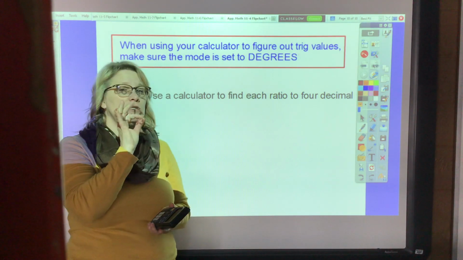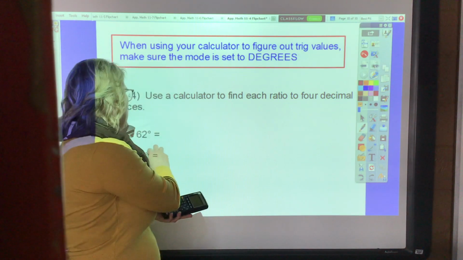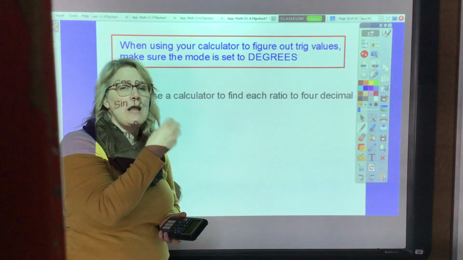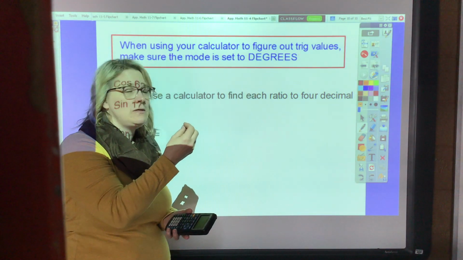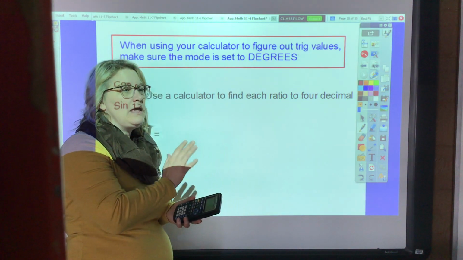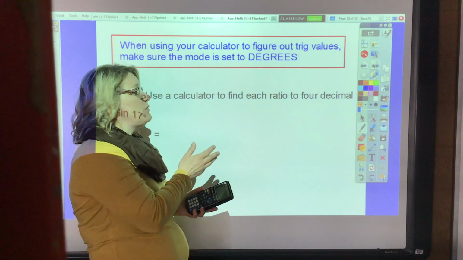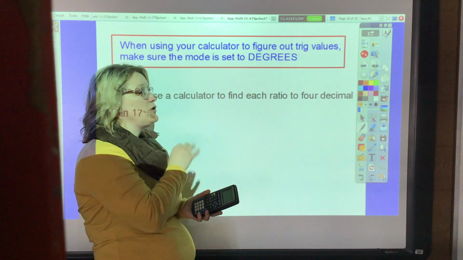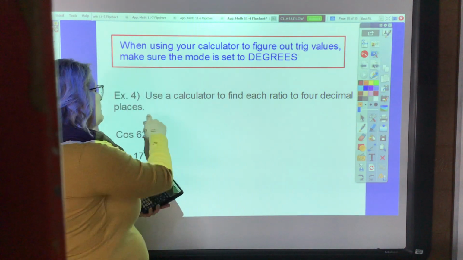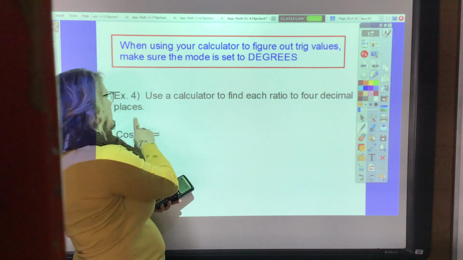You have to watch in Alex how many place values it tells you to find. A lot of times when we're going back to find the trig value, we want a lot of place values, because if we round it too quickly, it can be similar to more than one angle. So you want to make sure you go out far enough, so read your directions carefully. Here it says, use a calculator to find each ratio to 4 decimal places.